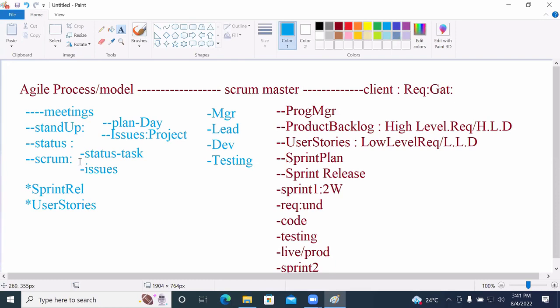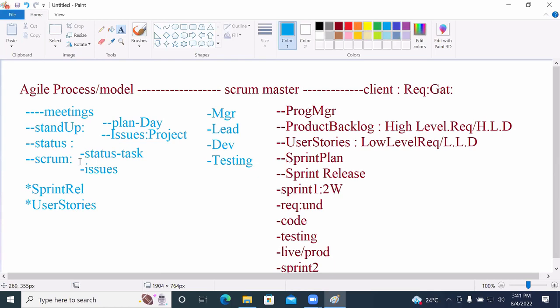The stand-up meeting and status meeting need to be conducted on a daily basis here. Considering the Scrum meeting, it depends on the availability of the Scrum Master. Based on his availability, those meetings will be conducted. But all these things are part of the real-time process.